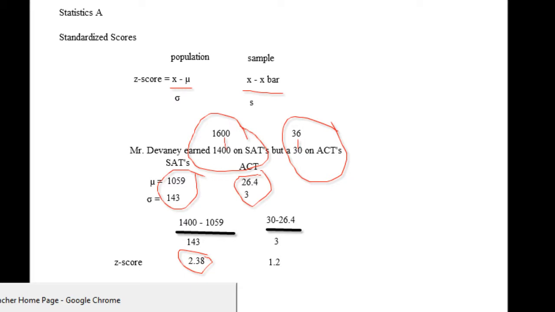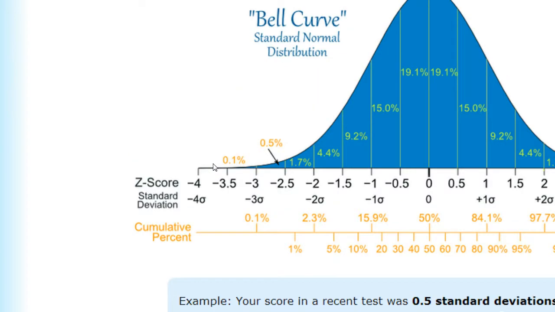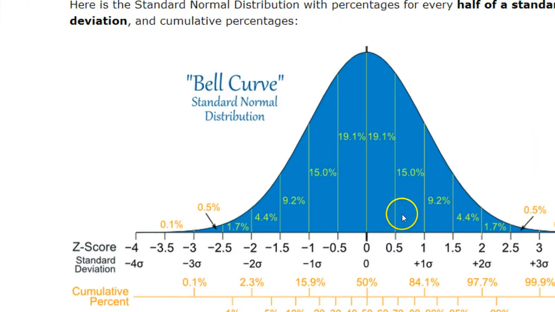Now, here's a cool thing. I can go to my table, and mine was at 2.38, right here. So how much better am I than the rest of the population? If you remember me talking about normal distributions, I have to add up all the numbers to the left of it.